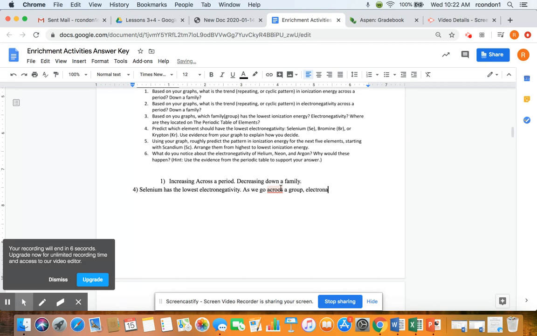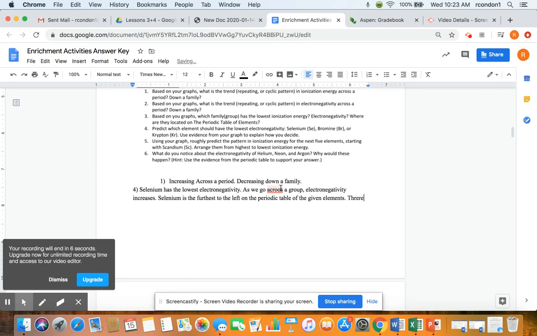Electronegativity, sorry, I can't spell today, increases. And selenium is the furthest to the left on the periodic table of the given elements in question.